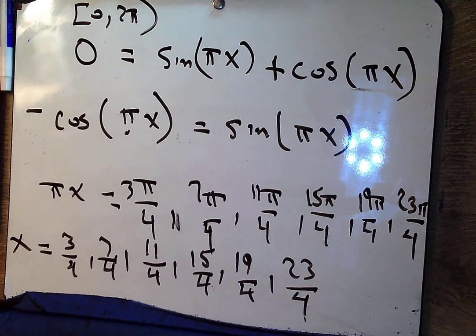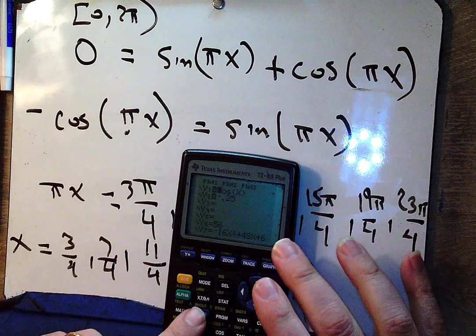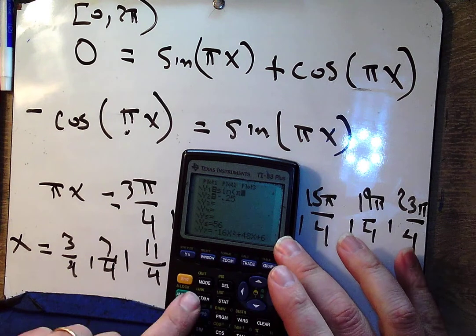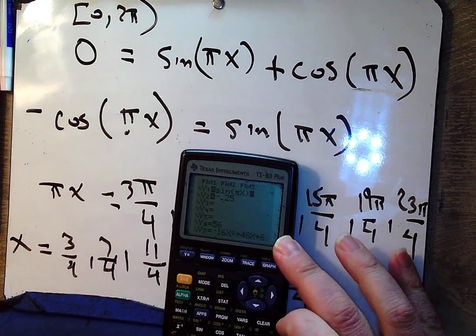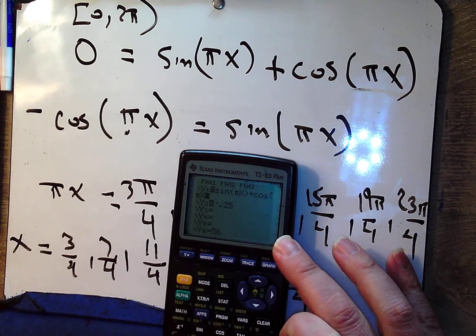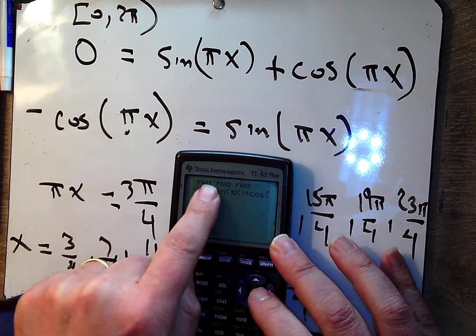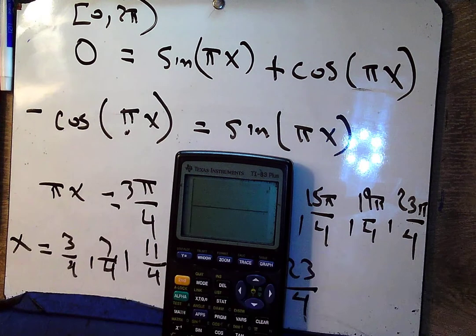Sure can. Let's confirm that. So over here, we've got sine of pi x, don't forget to close that parentheses, plus cosine of pi x. And we're just looking for x-intercepts of this graph. Okay, so graph. 1, 2, 3, 4, 5, 6 x-intercepts.